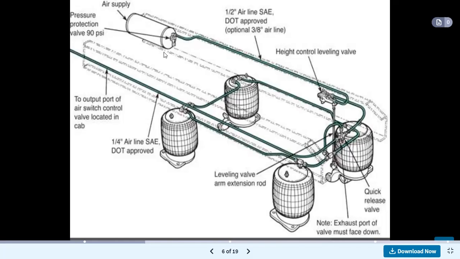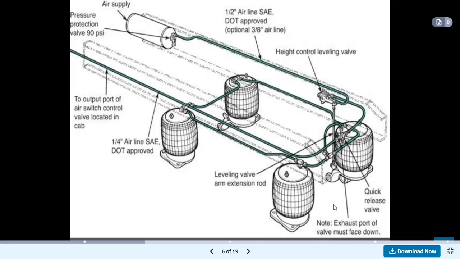From that, air supplies toward this front portion, and this is the height control leveling valve. The air comes toward the height control leveling valve, and from that valve, the air is further transmitted to other pipes. If we see here, these pipes are connected to each other.